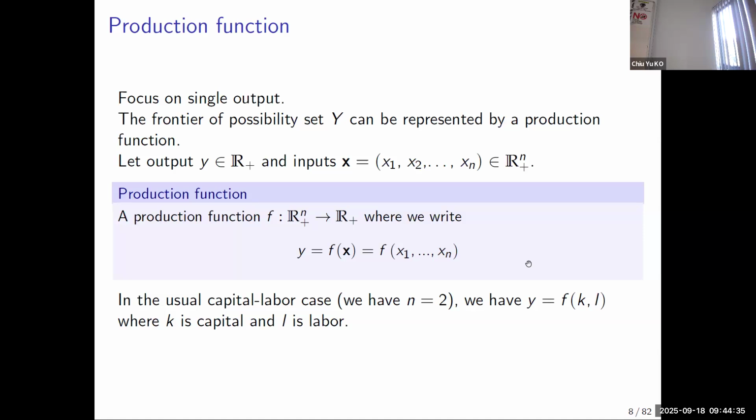But you can also produce 4 units of good, because you can throw the 1 unit in the rubbish bin. So that's why it's a function. It's from n dimensions to 1 dimension. Give me all the inputs, I give you the output. And you allow throwing away, so you don't need to specify the set. You just focus on a function, to make our life easier. Okay, there's some assumptions here.